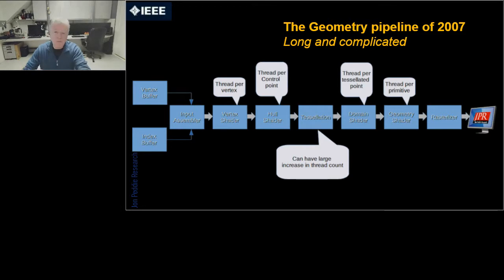Anyway, so the geometry pipeline evolved, but it took some time. We had to learn how to use these things, how to program them, how to make them behave the way we wanted them to. And in 2007, we increased the pipeline to add this tessellation block. That was a very important thing. And tessellation is the concept of reducing the number of polygons as the object gets further away from you.